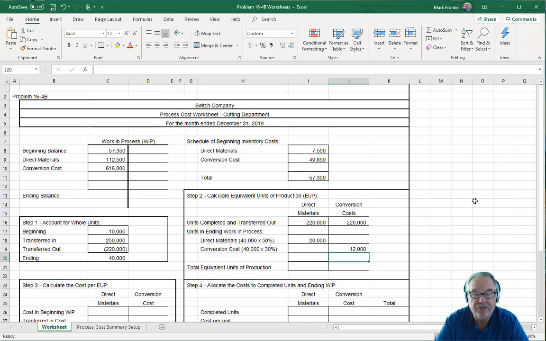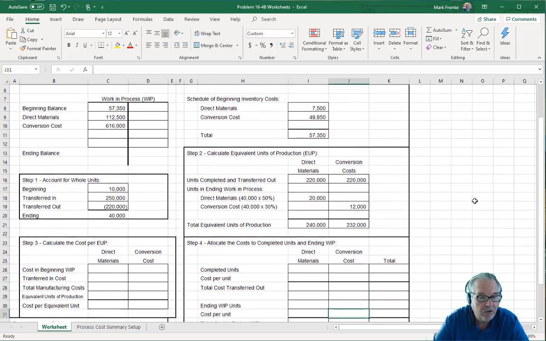Even though it's 40,000 units, because it's only 30% complete, it's the equivalent of 12,000 units. So our total equivalent units for the whole month, to finish the ones we finished and then work on the ones that did not get finished, is 240,000 for materials, 232,000 units for conversion cost. That's step 2.